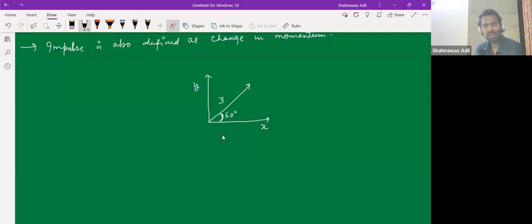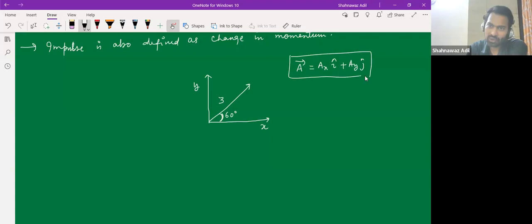So how can I write this vector in the Cartesian form? What is the vector in the Cartesian form, in two dimensions? Ax i cap plus Ay j cap.